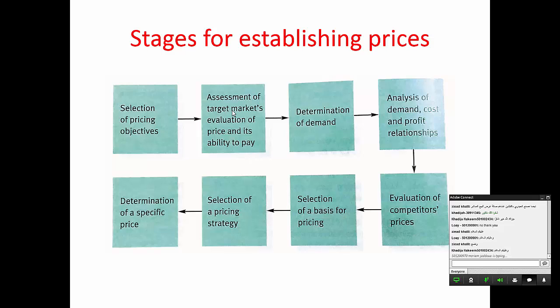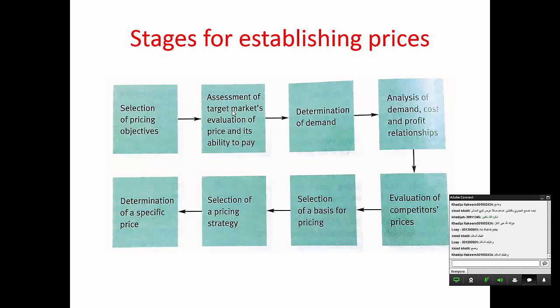Otherwise, your products will be out of the market, and then it will affect your loyalty and your image with the consumer. Because when your product is out of the market several times, the consumer asks about your product and will not find it, then after 2 or 3 times he will shift to another product, and he will forget your product and will not come back to it. So you need to make sure that your product is available in the market in all circumstances.